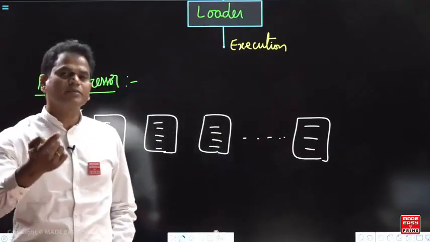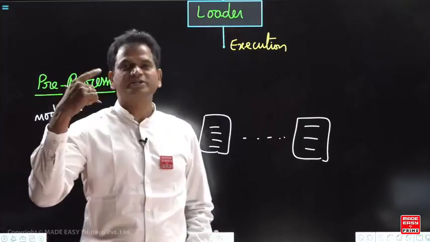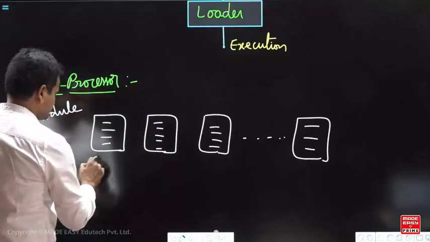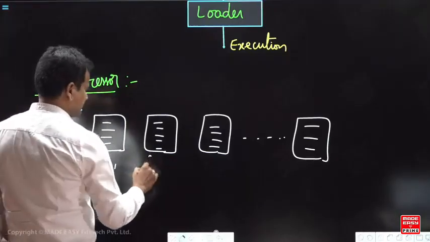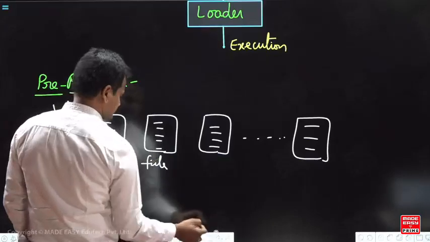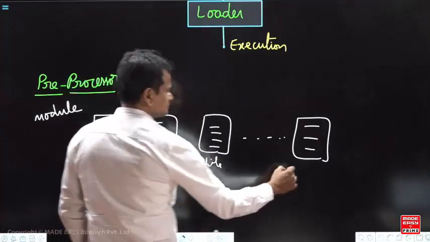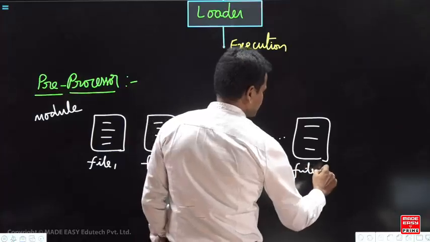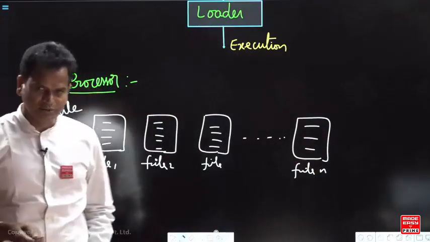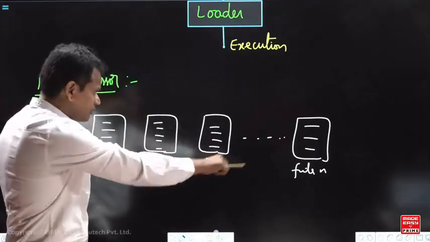And each small program we call it as a module, and each module will be stored in separate files. Say this is in file 1, this is in file 2, this is in file 3, like this. The preprocessor will take care of all these modules. Don't misunderstand that the preprocessor will link all the modules.